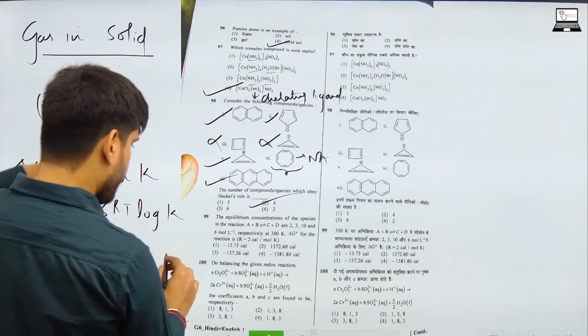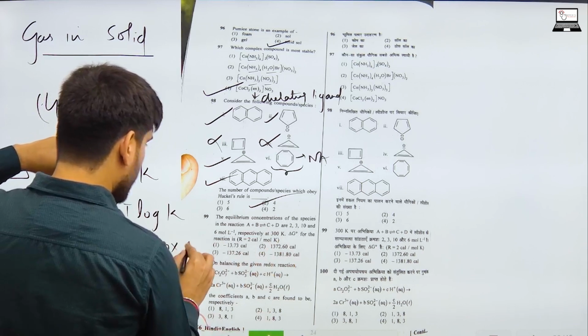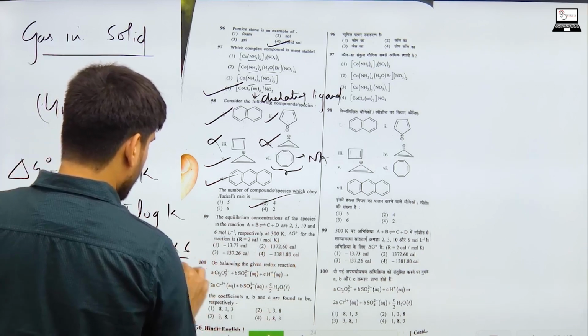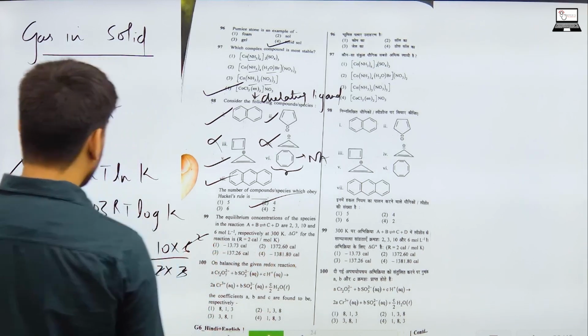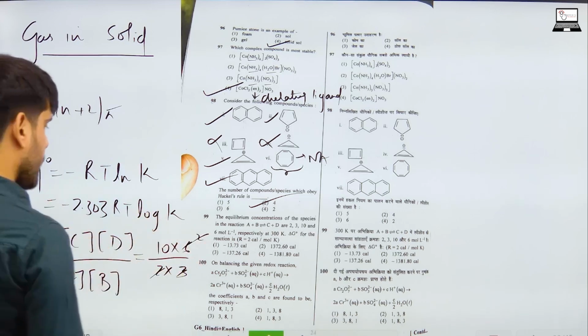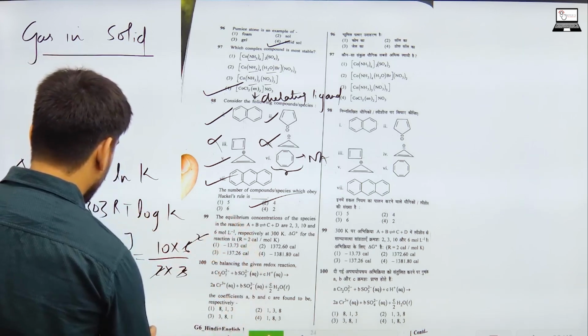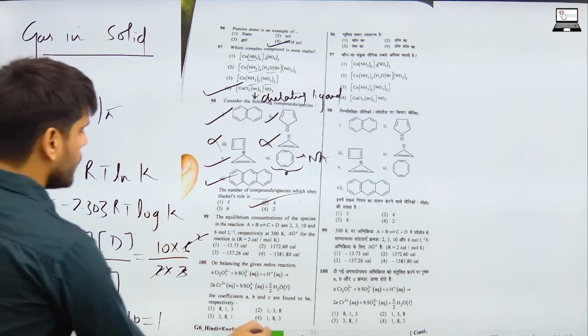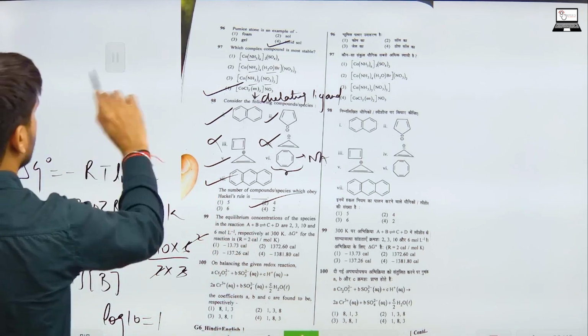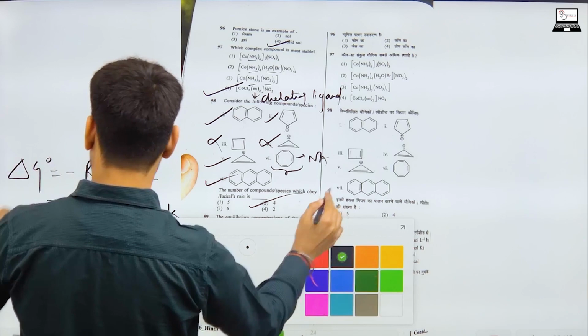So this is 10 into 6 upon 2 into 3. So this is 10, and log of 10 is 1.